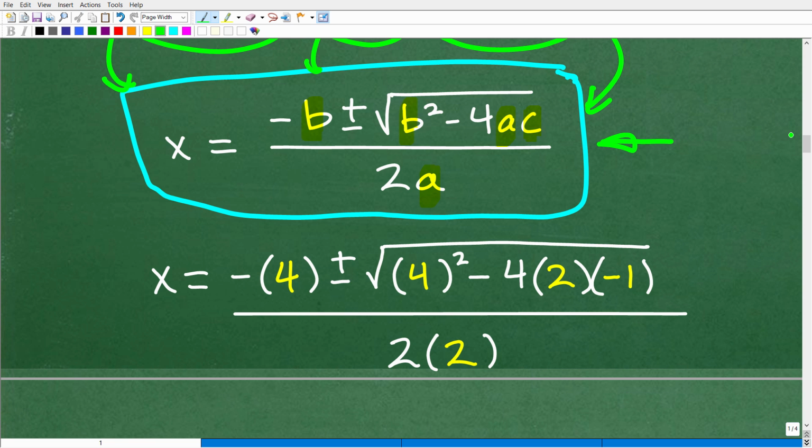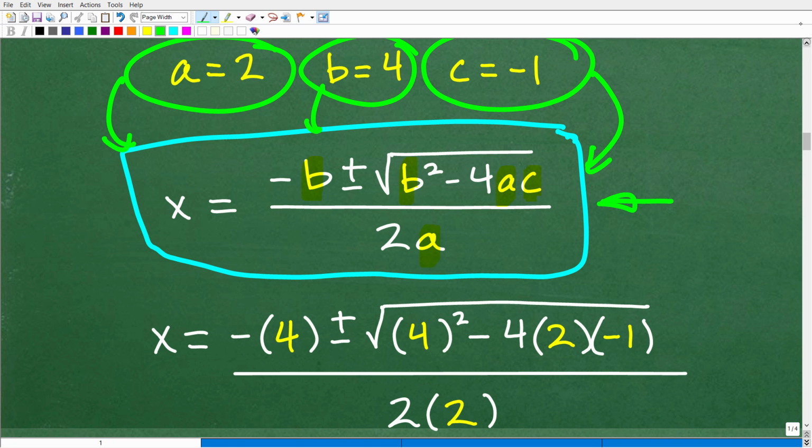Now here we have our A, B, and C values, and notice that I've plugged in for B, for example, negative B is going to be -4, plus or minus the square root of B squared, which is 4 squared, minus 4AC. You can see all these respective number values plugged in for these variables. Now, what you want to do in practice, before you do anything, is double, triple check that in fact you plugged in the right numbers.